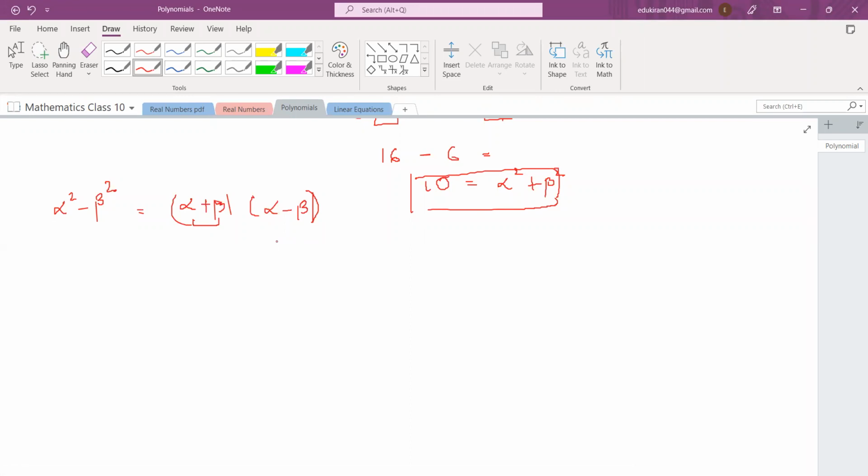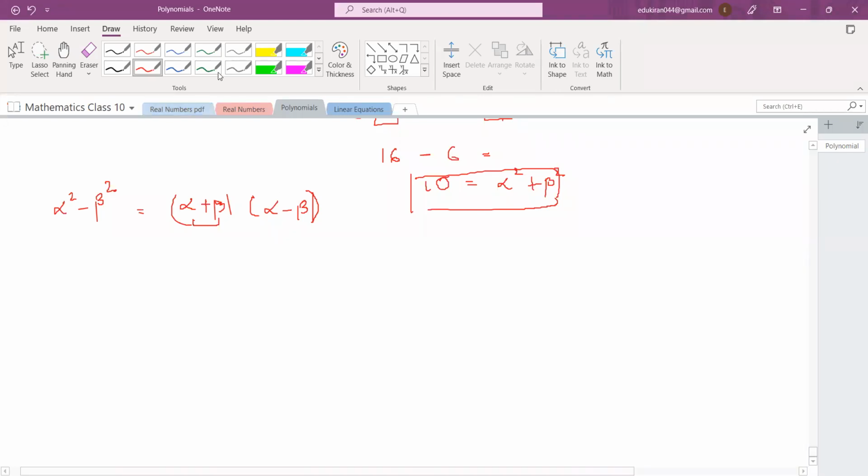Okay. I think I also did this just now in one of the questions where I was obtaining the value of alpha minus beta. I started with alpha plus beta whole square minus alpha minus beta whole square.